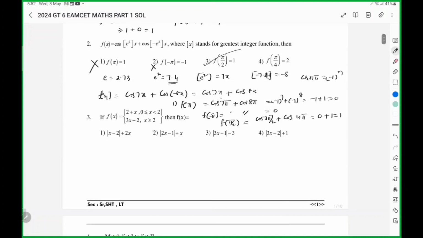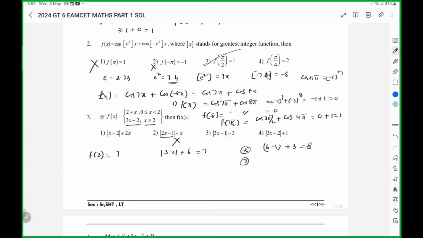This kind of problems, what I suggest you is take x as 3. For example, f of 3 you want to calculate. From the question, it is 7. From the options, first option, if you take 1 plus 6, 7 possibilities. Second option, if you take 6 minus 1, if you take 3 plus 3, so 5 plus 3, 8, this can't be the answer.